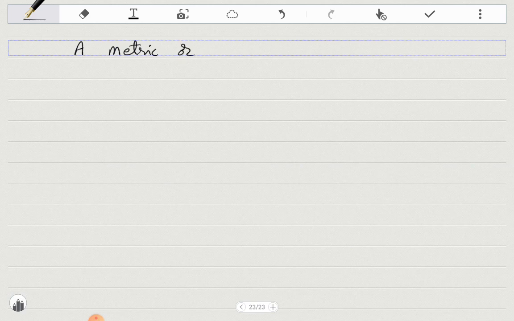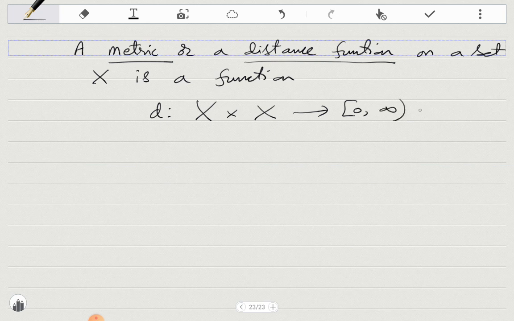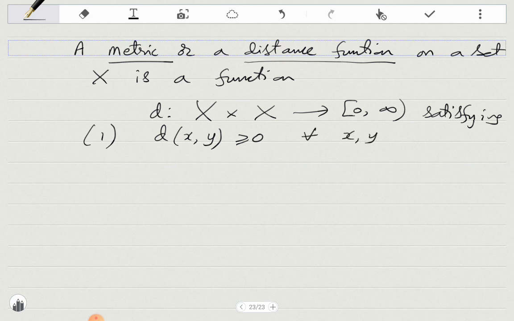A metric or a distance function on a set X is a function d from X cross X to [0, infinity) satisfying: the distance between x and y is greater than or equal to 0 for all x, y, and d(x,y) equals 0 if and only if x equals y.